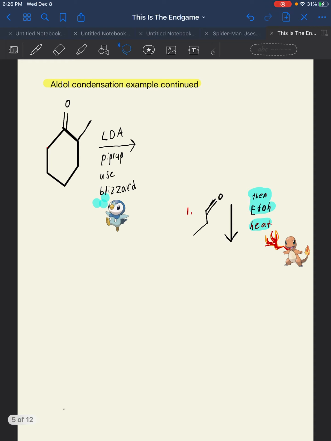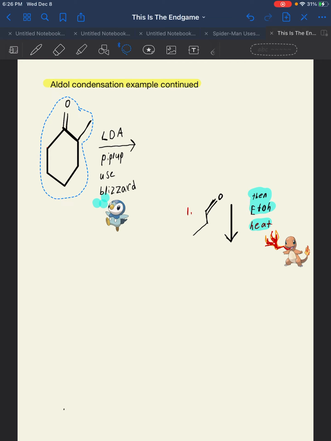So this one might look a little bit more complex because I'm using some concepts from previous videos, but LDA, we know this forms an enolate in this case because it's going to cause a kinetic enolate to form. Because once again, in the previous video, LDA forms the kinetic enolate. So that would look like this.